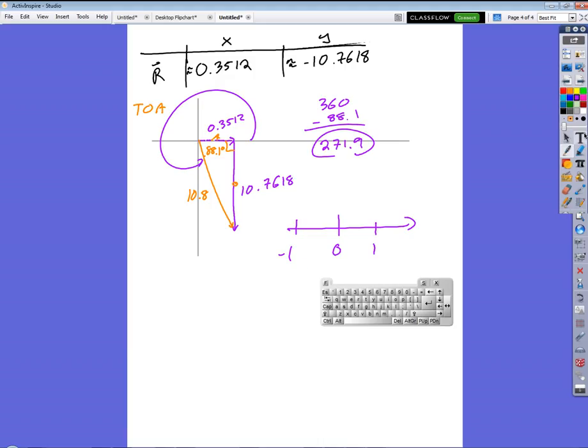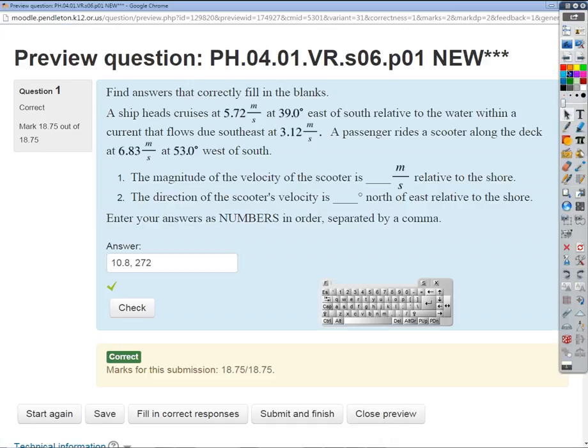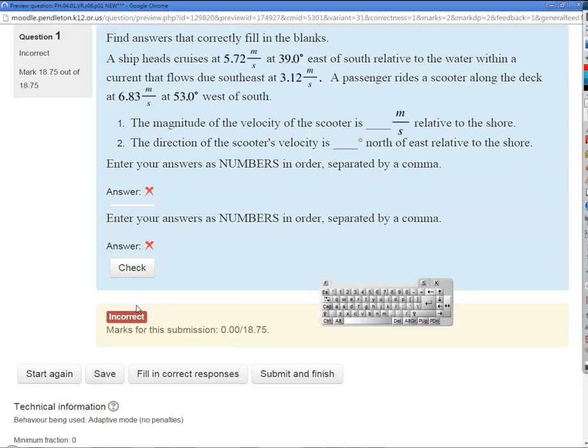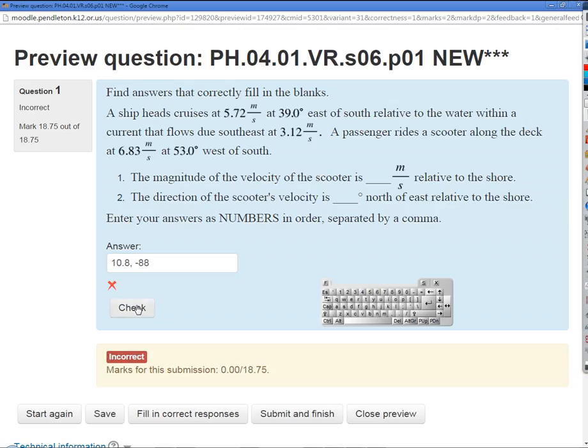So let's try that, just to demonstrate that it works. Oh, 188, did I do that wrong? 88.1. Oh yeah, that's right. Sig figs, good.